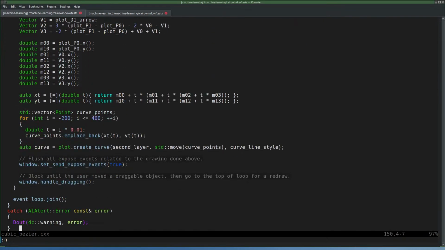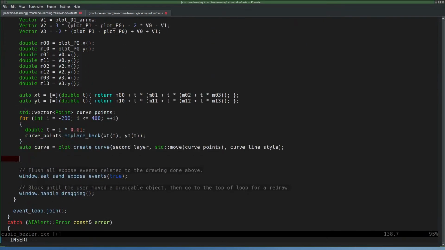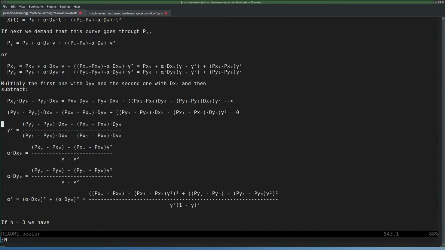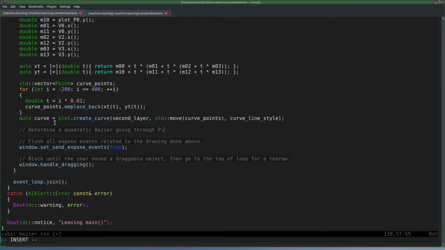Let's first draw this curve. So the intention is to determine a quadratic Bezier going through P0 and P1.